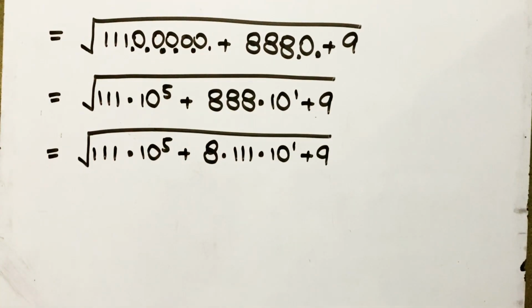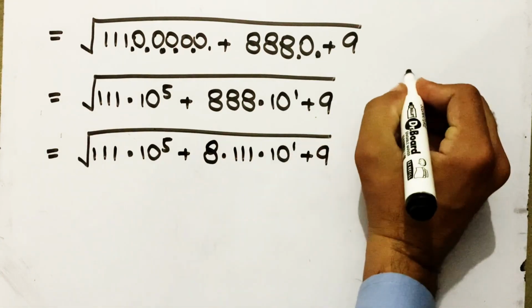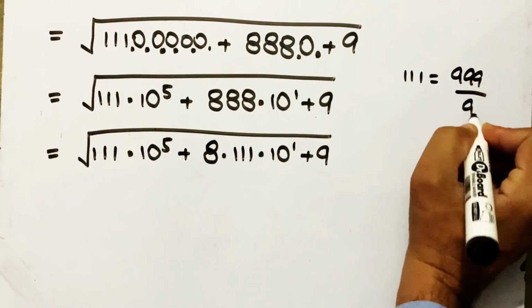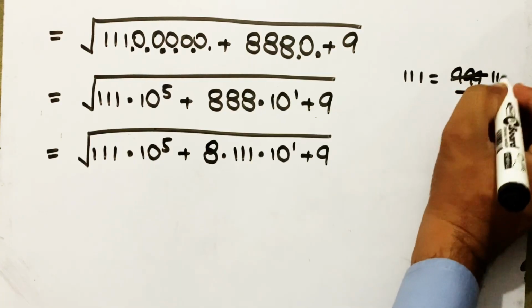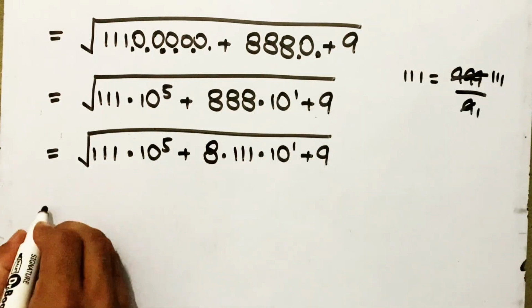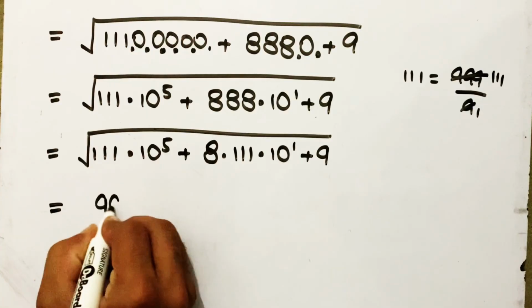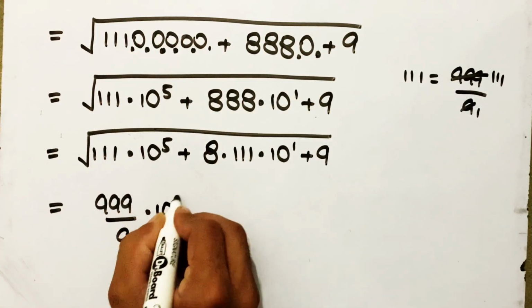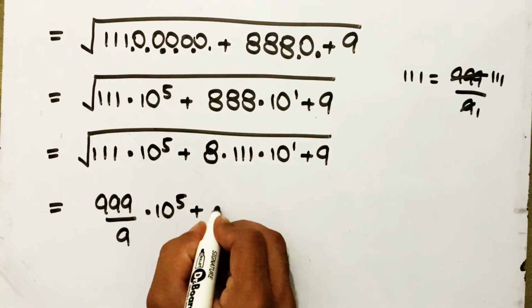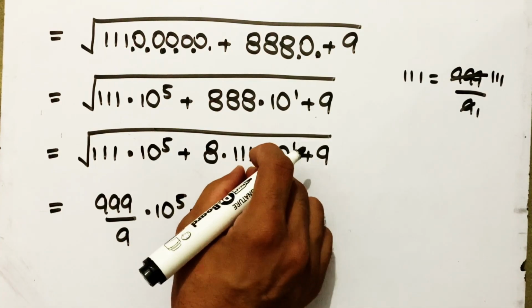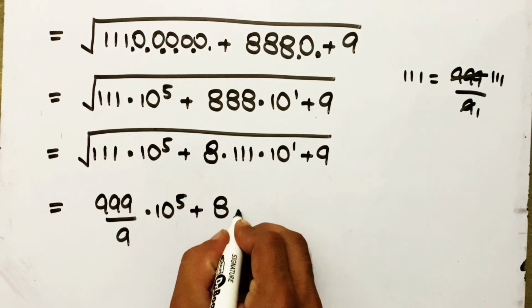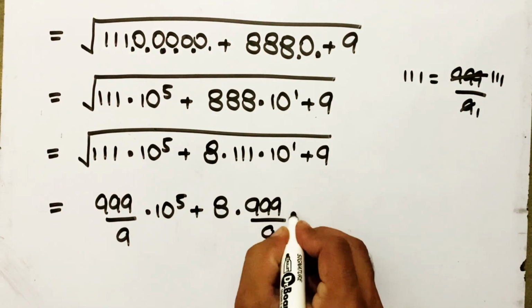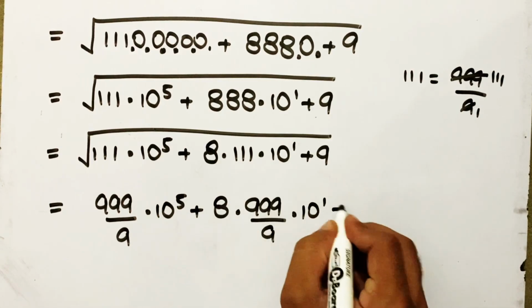So next step is, 111 is equal to 999 divided by 9 here, 9 ones are 999, 1 ones are. So if I write this equation into 999 divided by 9 here into the 10 to the power of 5 plus 8 here, and this 111 into 999 divided by 9 into the 10 to the power 1, to more simplify here.